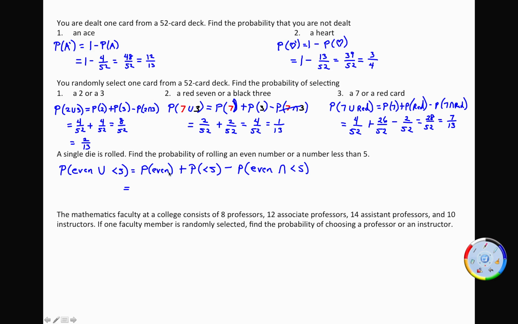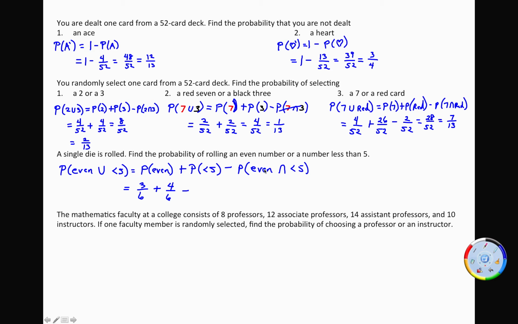So the probability that it's even on a single die, 2, 4, 6, there's 3 ways out of 6 of rolling an even number. The probability that it's less than 5 would consist of the sample space 1, 2, 3, 4. So there's 4 out of 6 ways to roll a number less than 5.